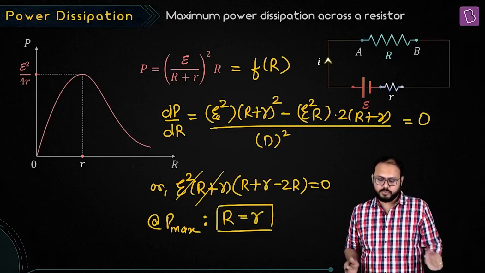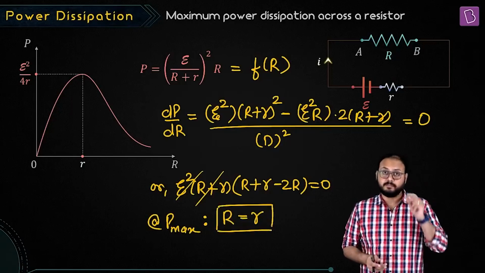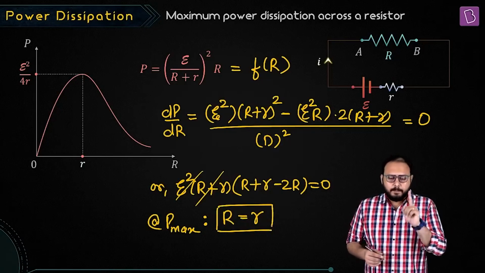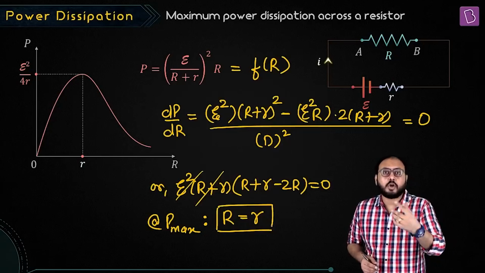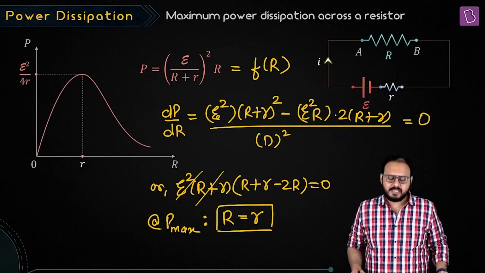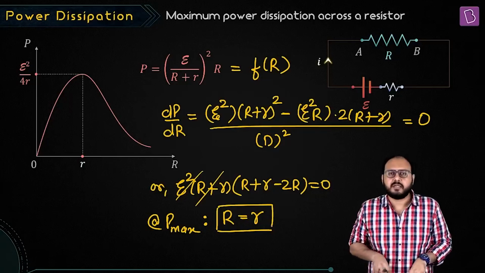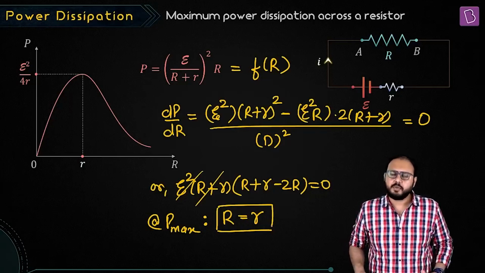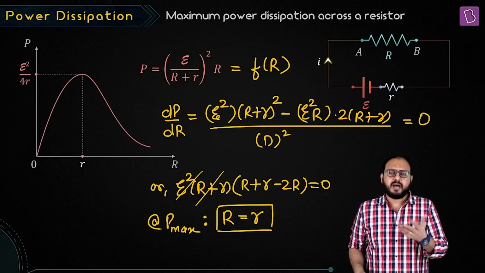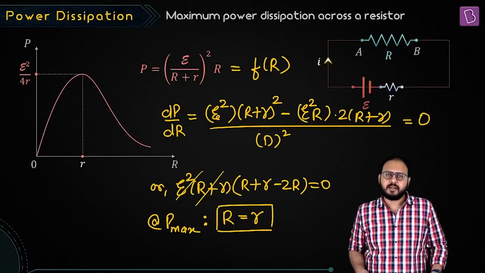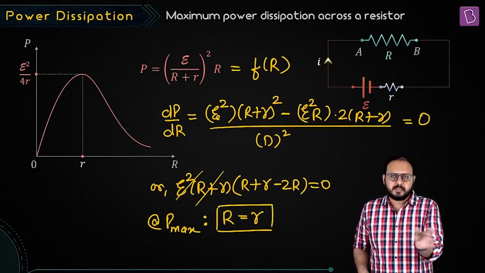Oh ho, acha. What is P? Power dissipated across an external resistance. Now imagine a scenario. You have a battery with its own EMF inside and its own internal resistance, usually in a box, and you can't change the box. In the labs there is a rheostat, which can control the resistance externally.